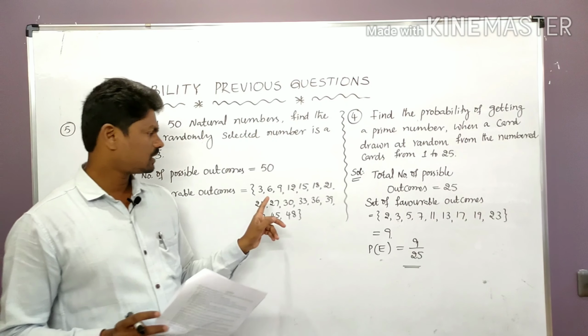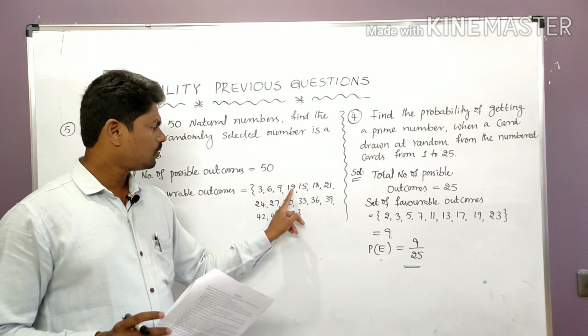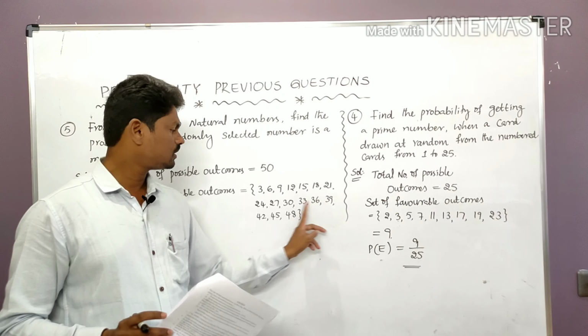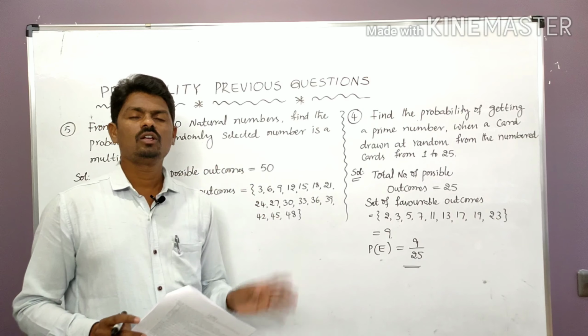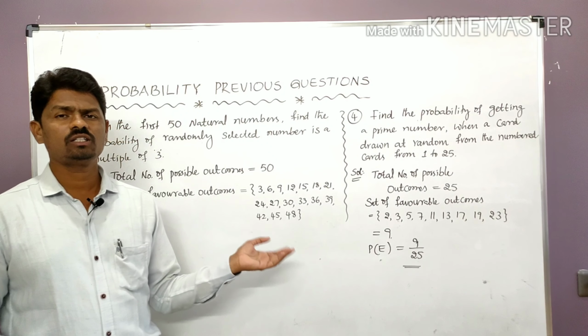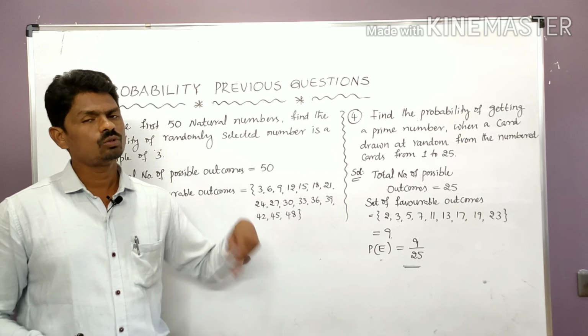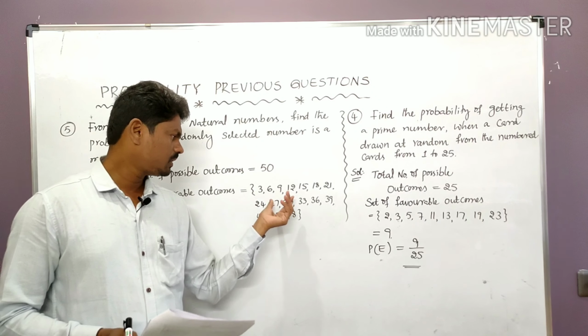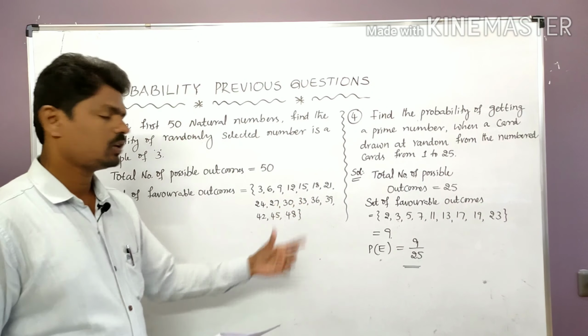So how many are there? Count: 1, 2, 3, 4, 5, 6, 7, 8, 9, 10, 11, 12, 13, 14, 15, 16. Directly we can write 16 3s are 48, so there will be 16 multiples from 1 to 50. Directly you can write, but there will be clarity if you write like this.